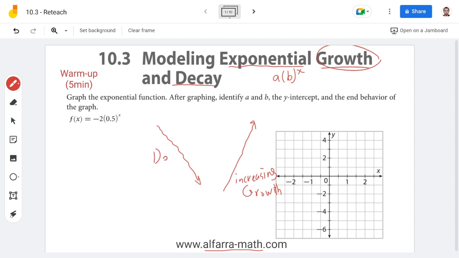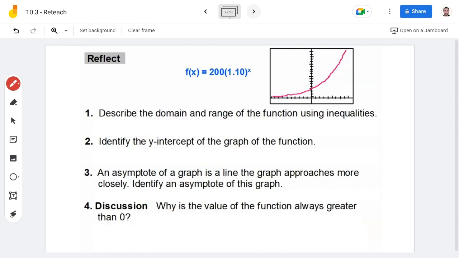This is the main idea: growth, we are going up or increasing, and decay, we are going down and decreasing. Now, let's take some examples about exponential growth and decay.